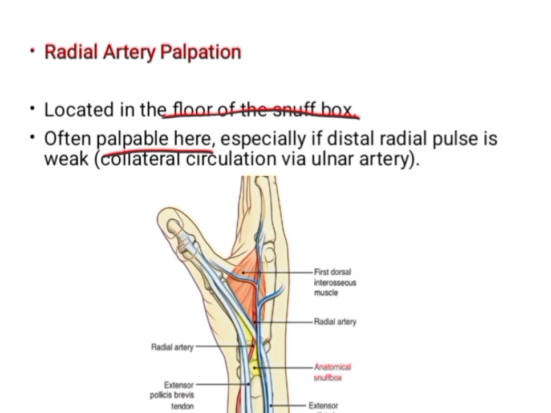So when you do that and you apply pressure into the anatomical snuff box, you'll be able to palpate the radial artery. So it's often palpable here, especially if the distal radial pulse is weak. So it serves as collateral circulation through the ulnar artery.